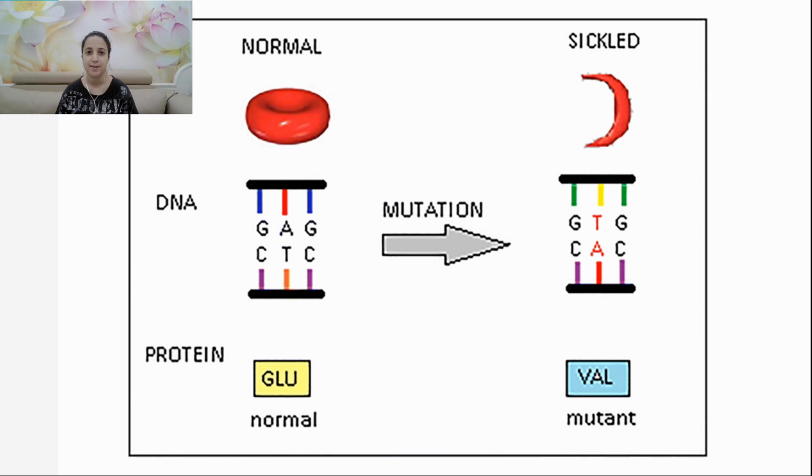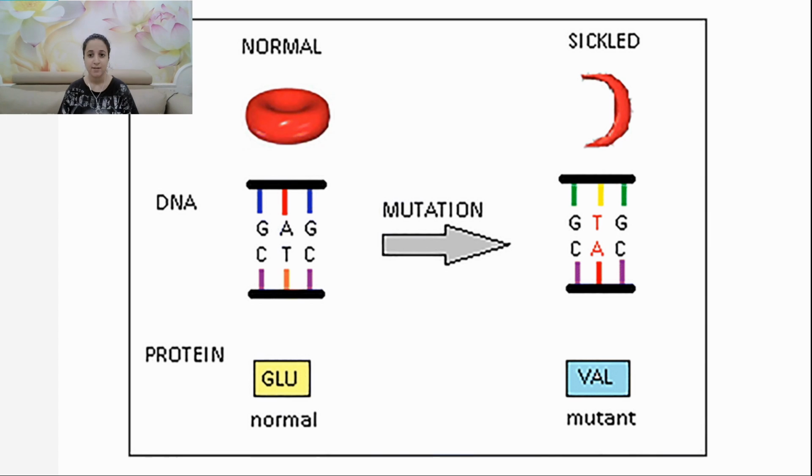So in this image, you can see two different scenarios. The first, in which the person does not have sickle cell disease, and the second, where the person has sickle cell disease. So in the first case, you see that there's GAG in order, and this GAG gives rise to a particular amino acid, glutamine.